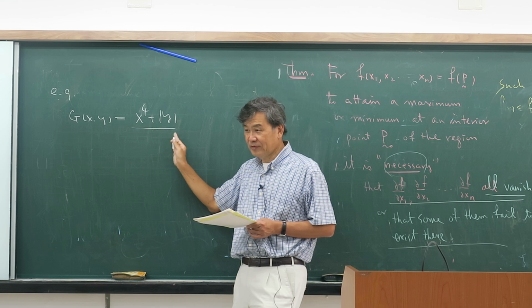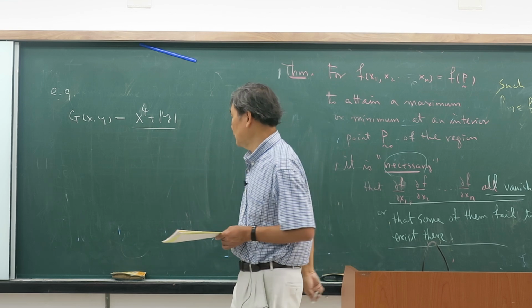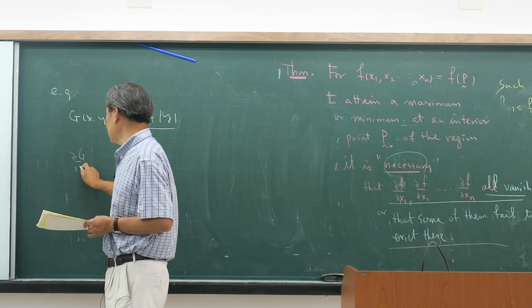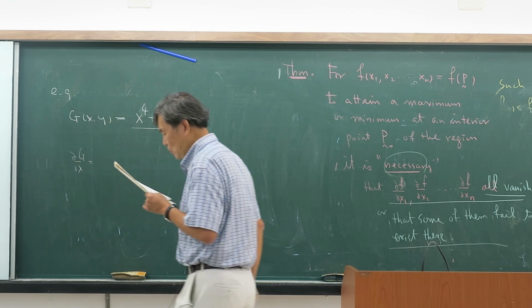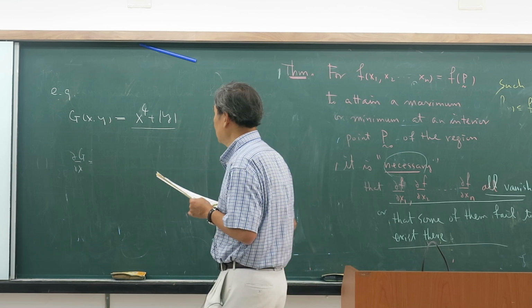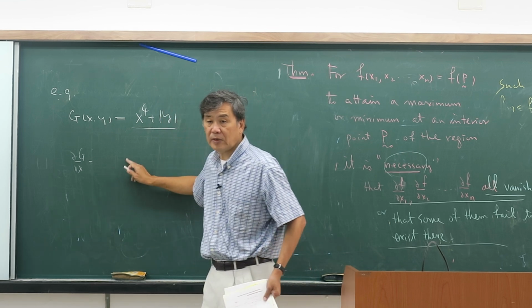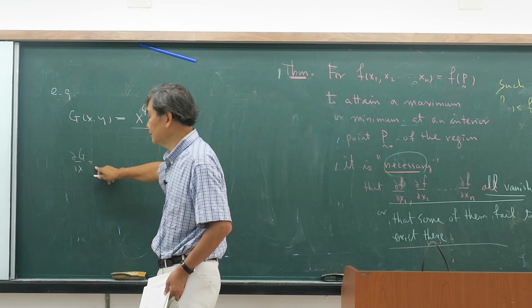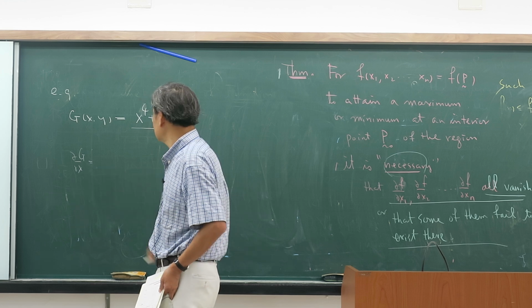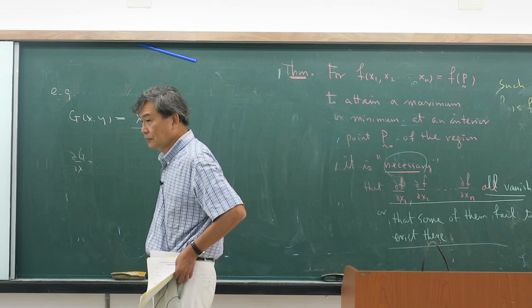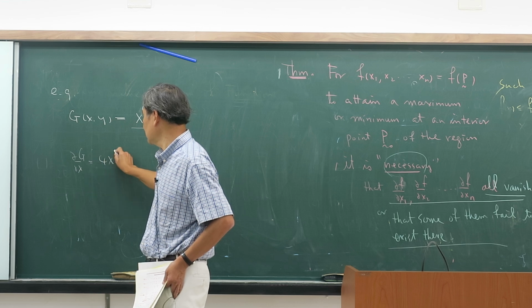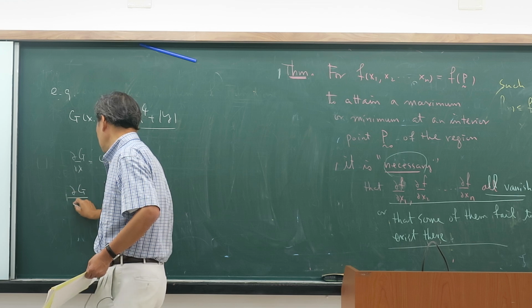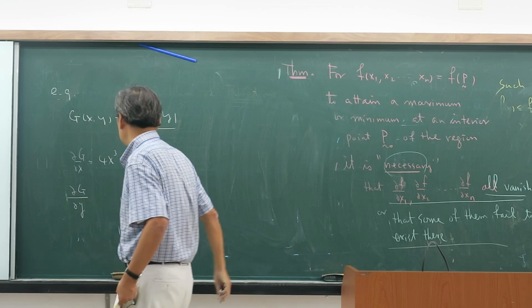It causes problems. Let's see. Partial g partial x is equal to 1. And partial g partial y, what is it?